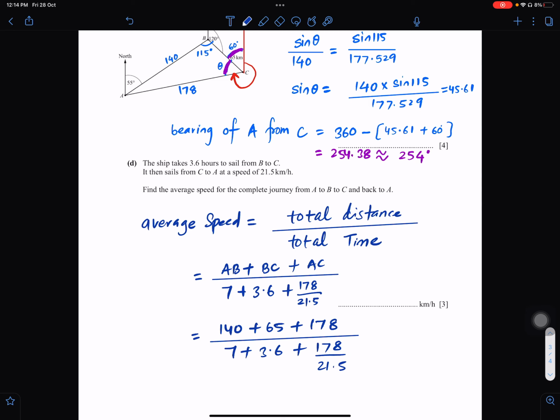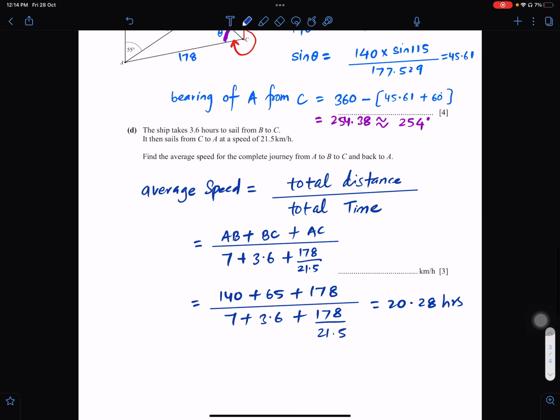You can type it on the calculator and you get an answer. The answer I've got is 20.28. My bad, this is the speed, so the unit has to be kmph. It is approximately 20.3 kmph. This approximation is still 3 SF.